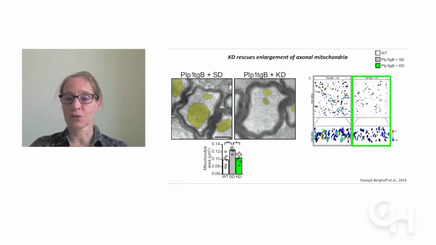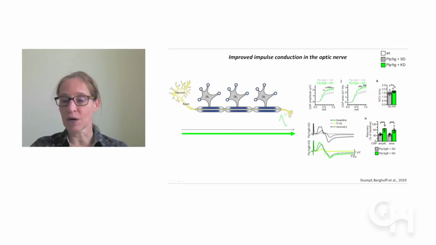And this is also seen here in the 3D representation of mitochondria. The next thing, of course, is whether the impulse conduction also ameliorated. And indeed, I won't go into details of this electrophysiological analysis, but yes, we did see improvements in impulse conduction.